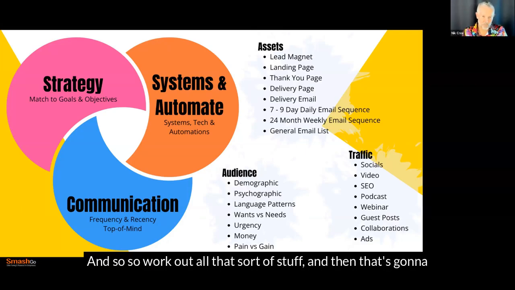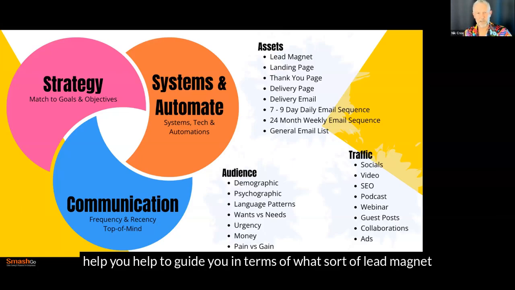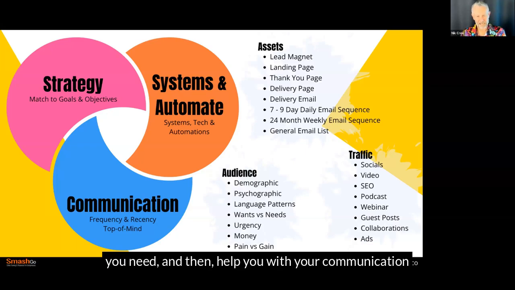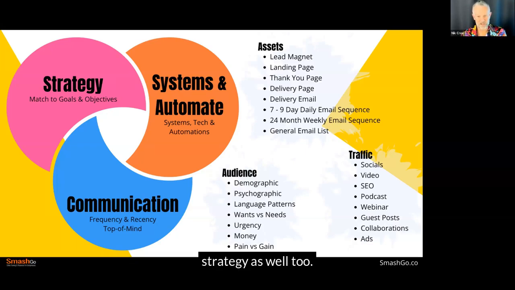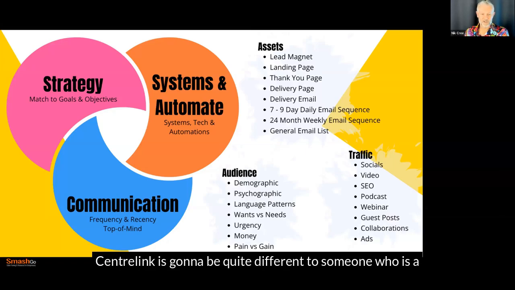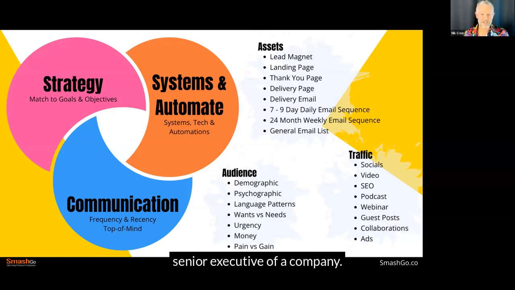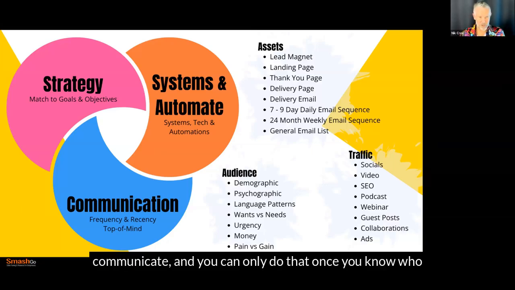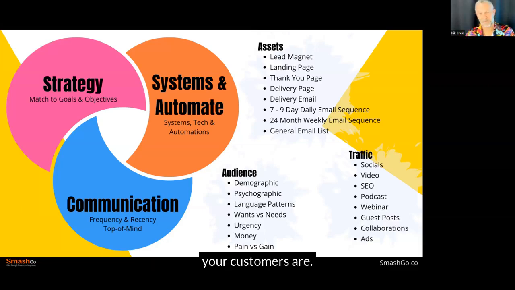Work out all that sort of stuff, and that's going to help guide you in terms of what sort of lead magnet you want, what systems and tech you need, and help you with your communication strategy as well. Your communication strategy with someone who is on Centrelink is going to be quite different to someone who is a senior executive of a company. So you need to think about how you communicate, and you can only do that once you know who your customers are.